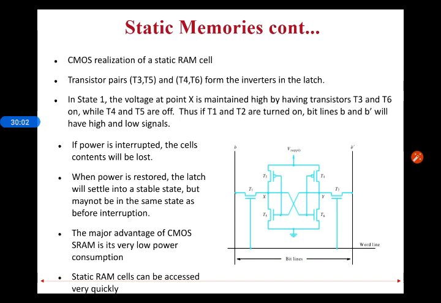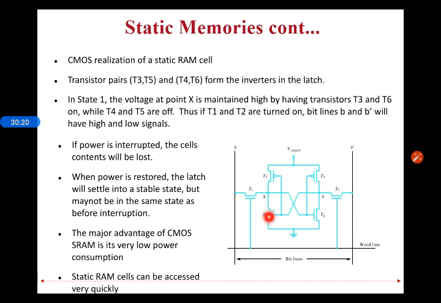Okay, and CMOS realization. This is another realization of the same static memory cell using CMOS technology. Here we are using another two sets of transistors, T3, T5 and T4, T6, as you can see in this diagram.